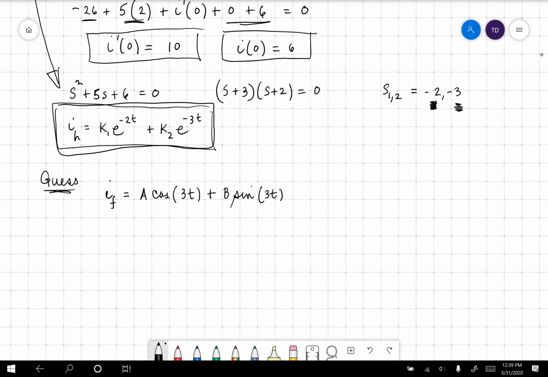I'm going to prove to you today, just so you know, that this is equal to the square root of a squared plus b squared cosine of 3t minus tan inverse of b over a. And we'll show you that. It's a real nice identity.